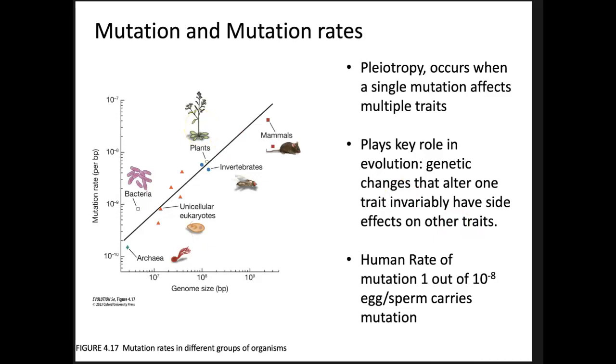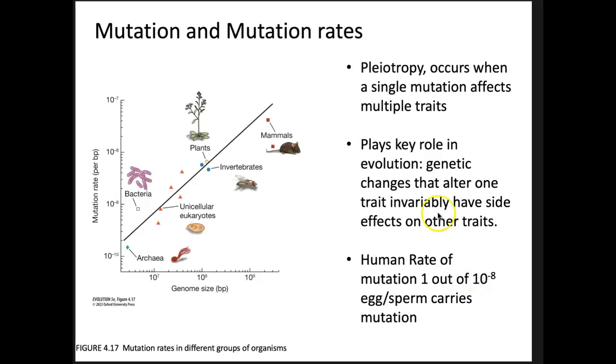Plants have a very large genome in some instances in comparison to humans, and so they can have many more mutations than what we see. But in any case, mutation rates vary in different groups of organisms.